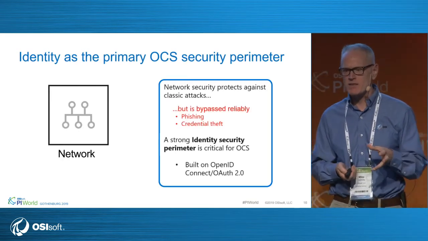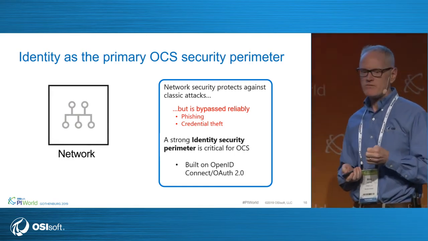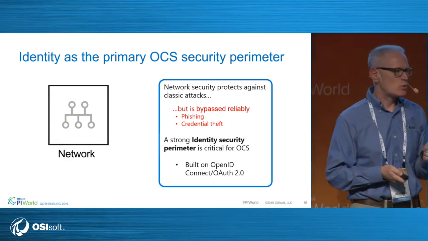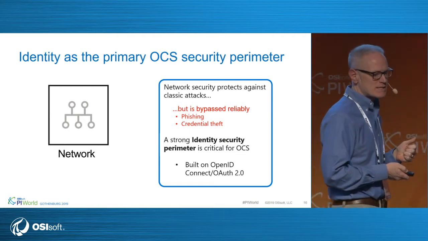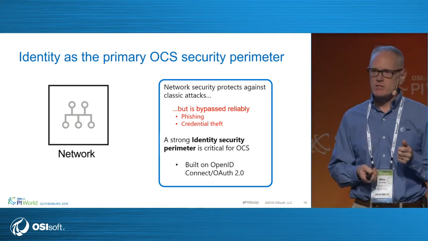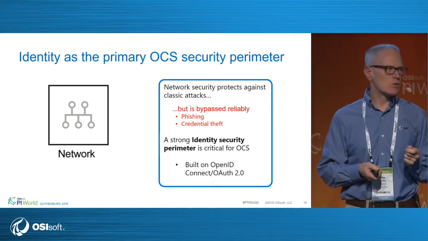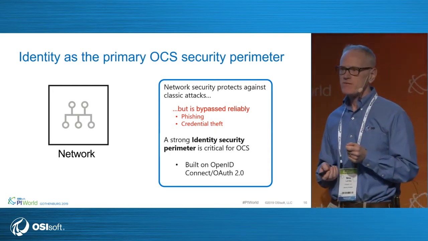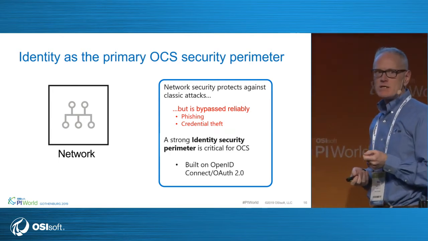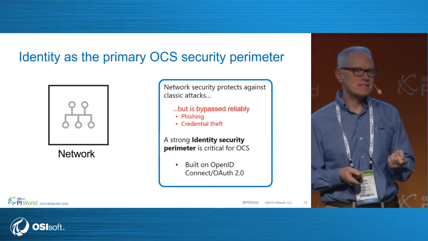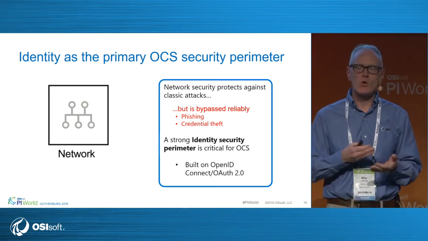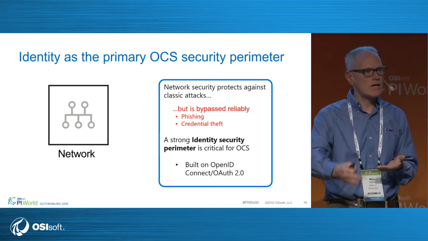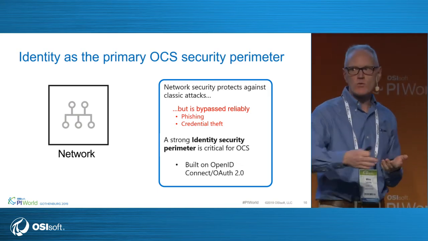And beyond the fact that we are moving for convenience sake to internet accessible assets, there are a lot of issues and well-known attacks against your network, principally phishing and credential thefts. If one of these attacks is very successful, they're going to be in your network, and once they're in your network, they're able to freely move around.